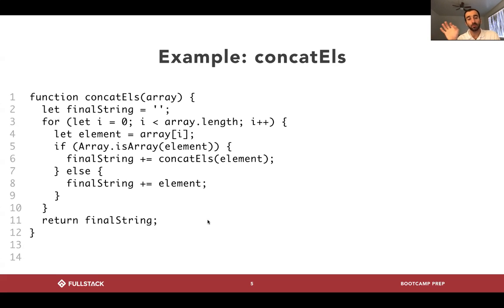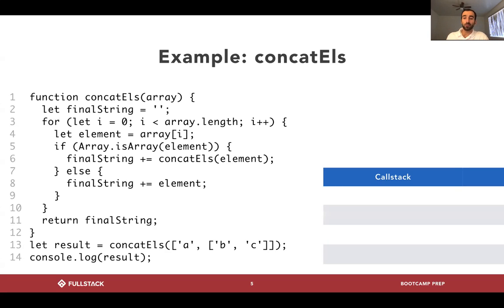The only time we get the full final string is in that first call to the function. The very last thing which happens in the entire program is we get to line 11, and by then we've already constructed the true final string, and that's what gets returned. So that should be our result.